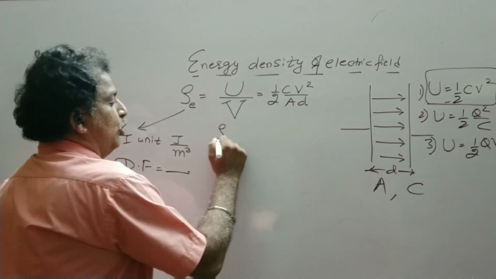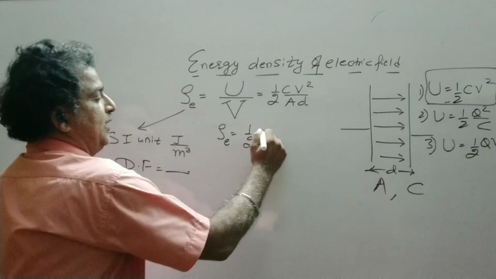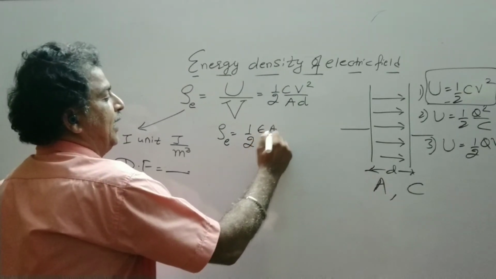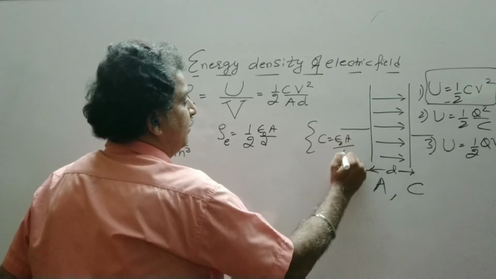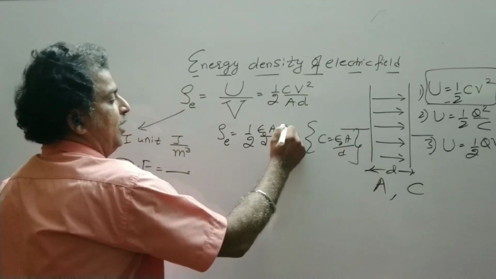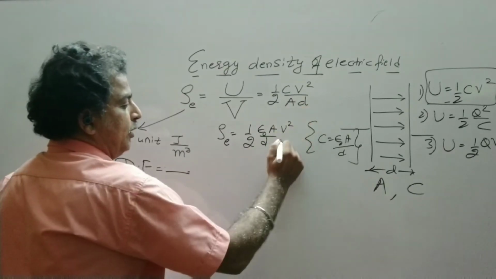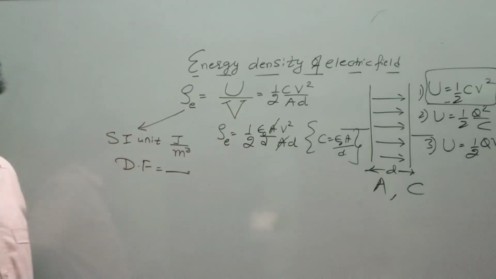So rho E is equal to half. Now in the place of C I write epsilon naught A by D, that is C is equal to epsilon naught A by D. This is V, V is a potential, so V square upon the volume, that is A into D. So area gets cancelled.